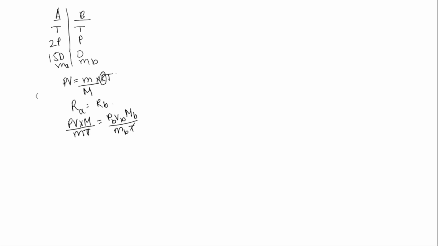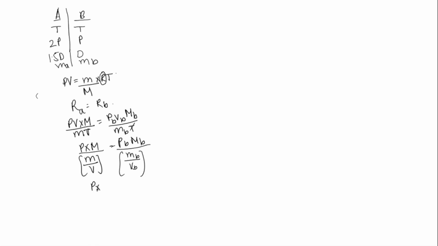We can get volume down. So it becomes P into M by V is equal to P of B into M of B by mass of B by volume of B.